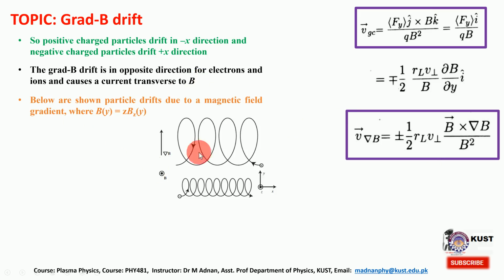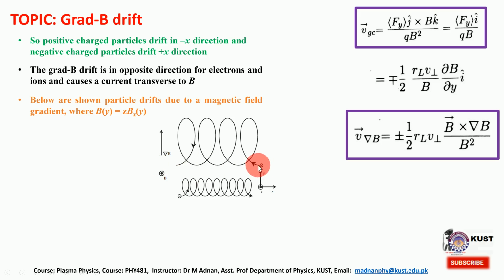Now we have shown the situation of a region where a B field is inhomogeneous such that it is applied along the z-axis, and it has a gradient along y, so that when the charged particle is moving along that y direction, it will experience a force along y, which gives rise to drifting of the charged particle.